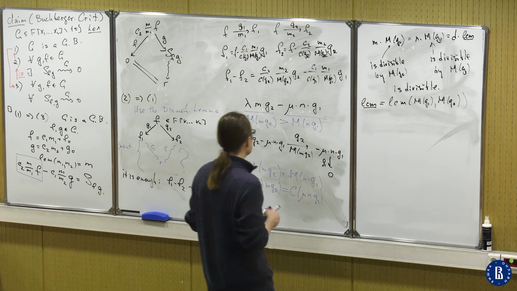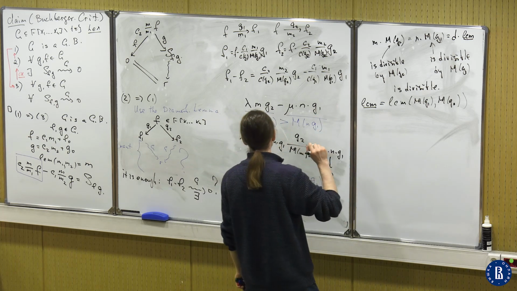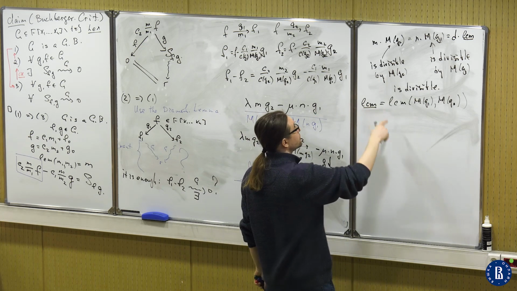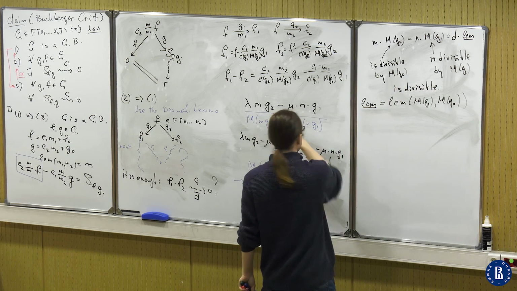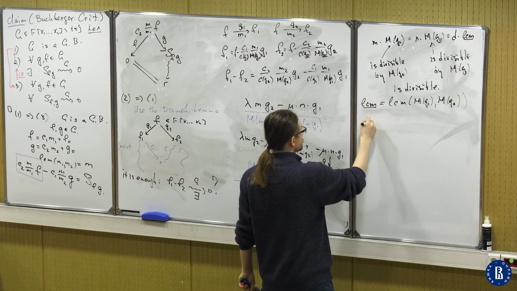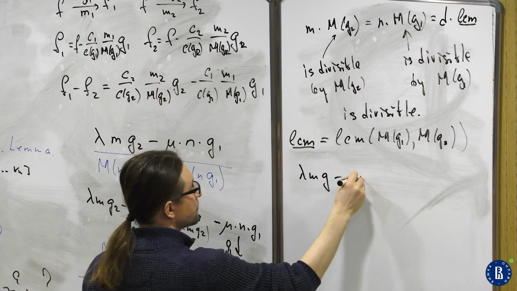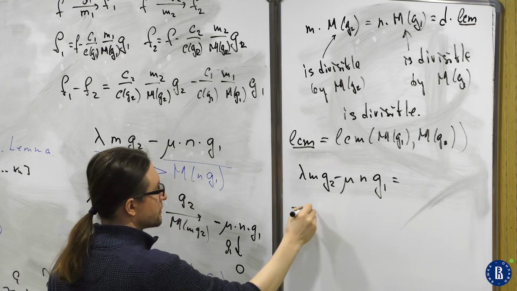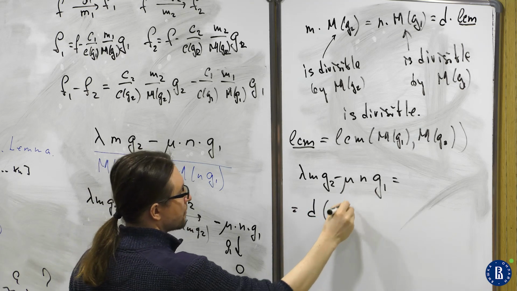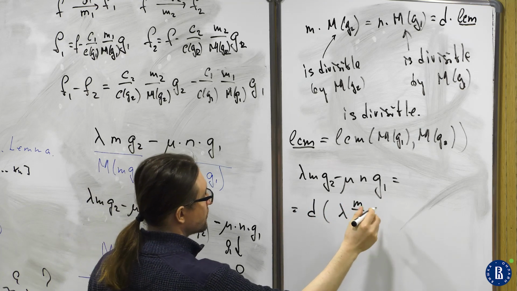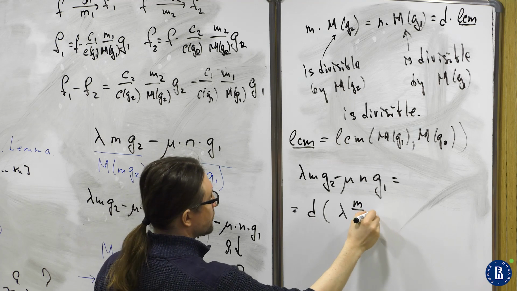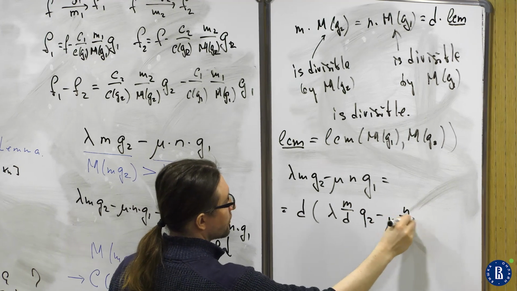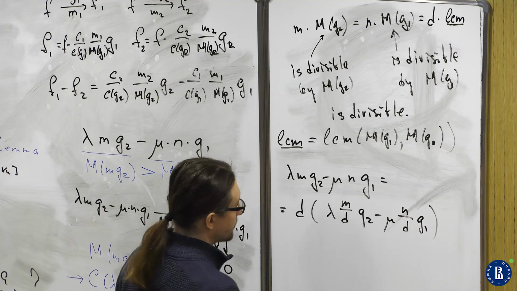Now, since this happens, we can divide by D this expression, and we can rewrite this polynomial as follows. G2, G1 equals D times lambda M over D, G2 minus mu N over D, G1.